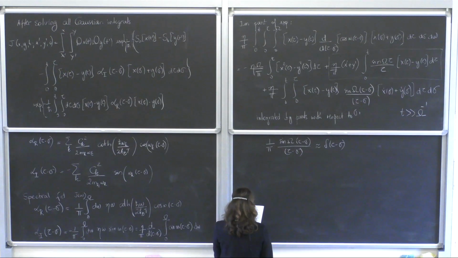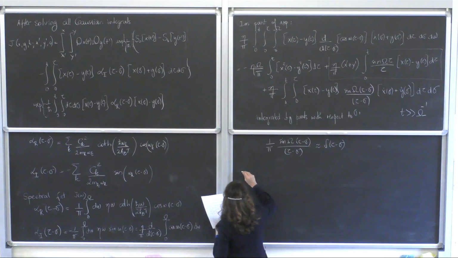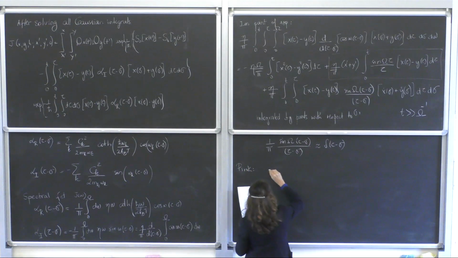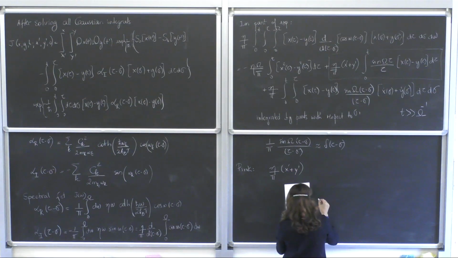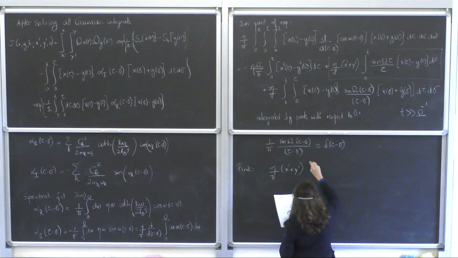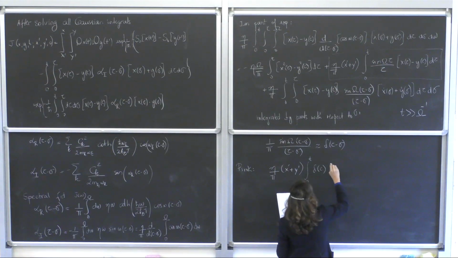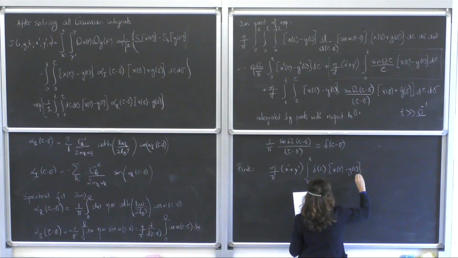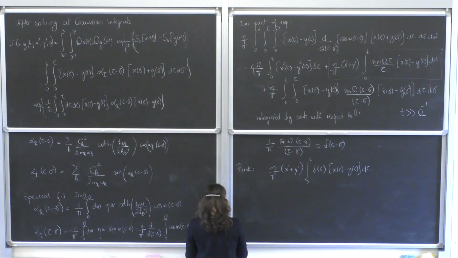Okay? So let's rewrite it, that one, the pink. If I use the delta function, I'm going to get eta over pi x prime plus y prime. Then I have the integral from 0 to t of a delta of tau times x of tau minus y of tau d tau.